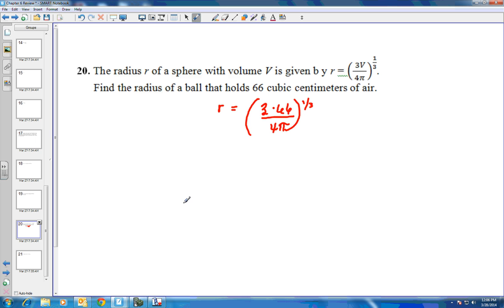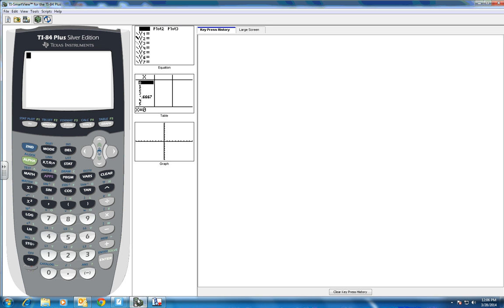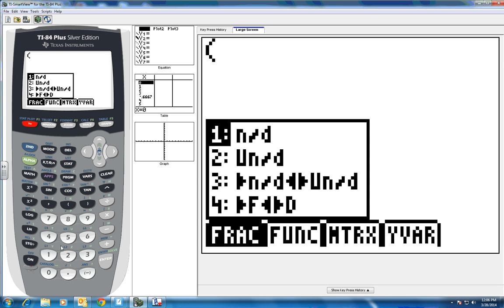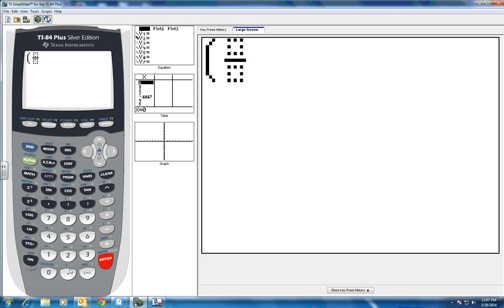Okay, so let's put it in the calculator. So in the calculator, I'm going to put it in just like it looks. So I'm going to start off with parentheses, and then I'm going to use my fraction button. So I'm going to hit alpha y equals, and then my first choice.